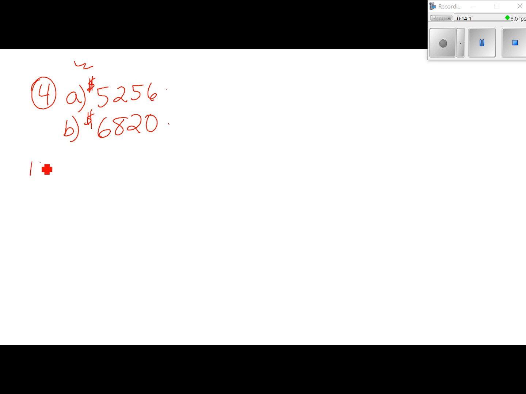Number 10 says Tanisha Clayton has an open-ended lease for an SUV that she uses for her fabric store. The lease costs $421.38 per month, so I'm going to write that down.